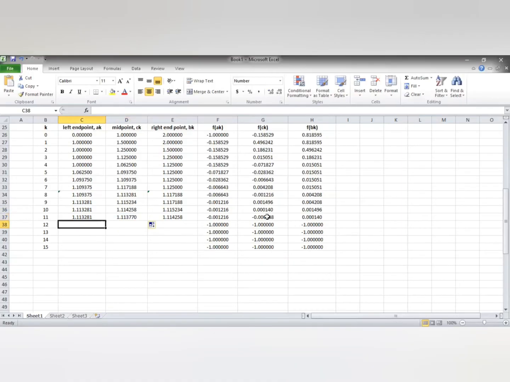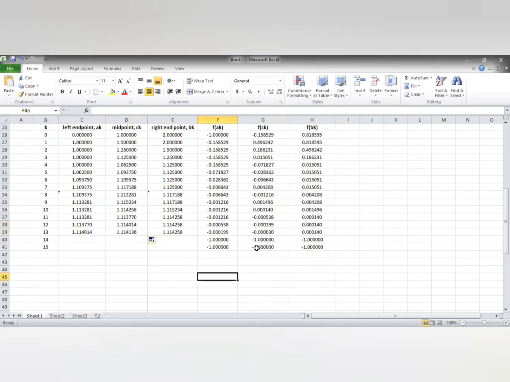Okay, again, here we have opposite signs. So we have C for our midpoint, and B for our right endpoint. Okay, so here they have opposite signs. So this is the C value for the left endpoint, and for the right endpoint, it's the B. Okay, so we can drag.